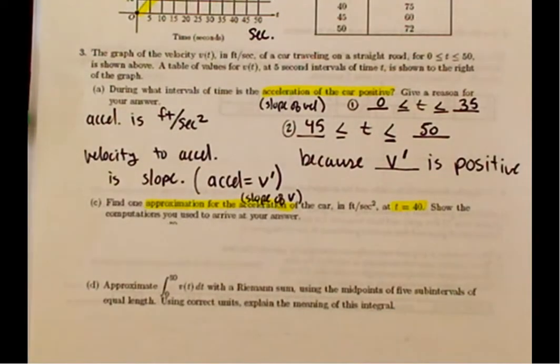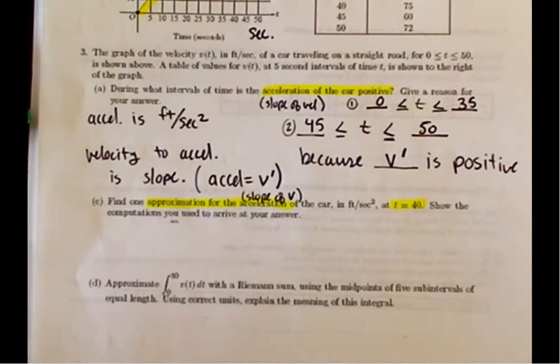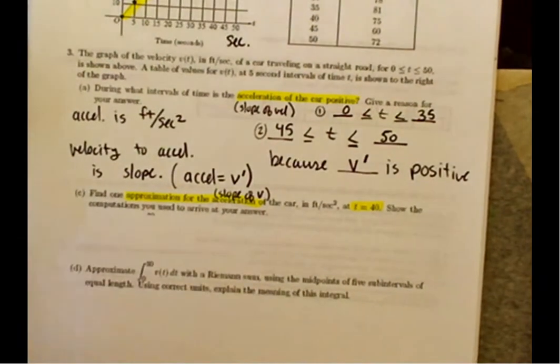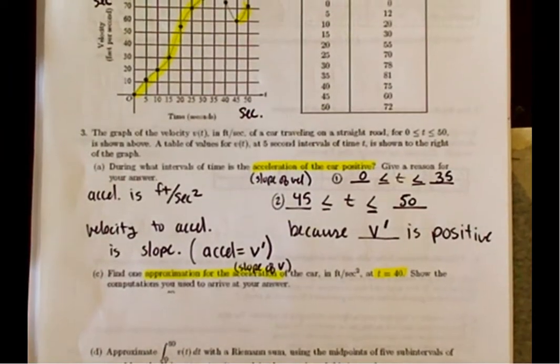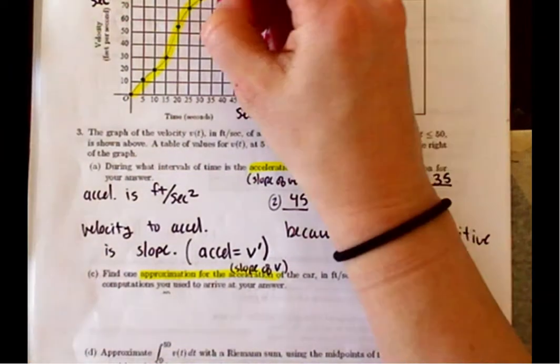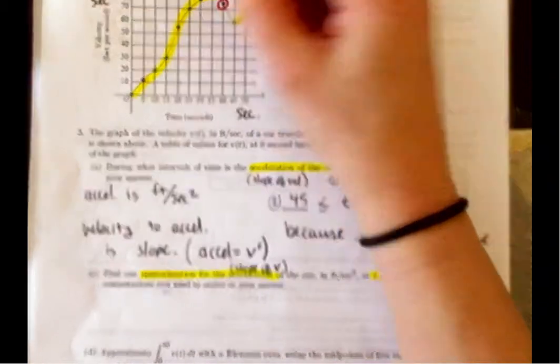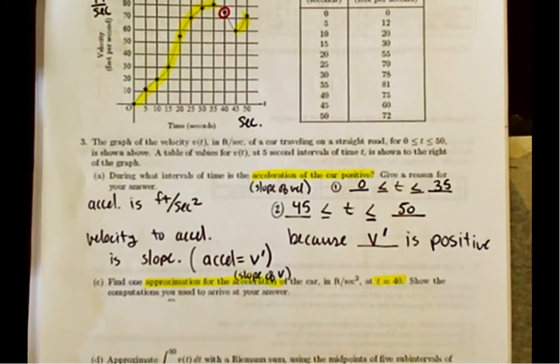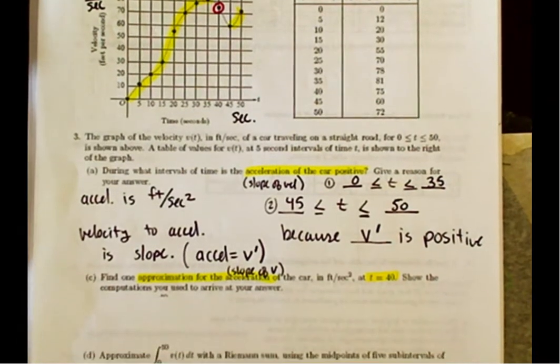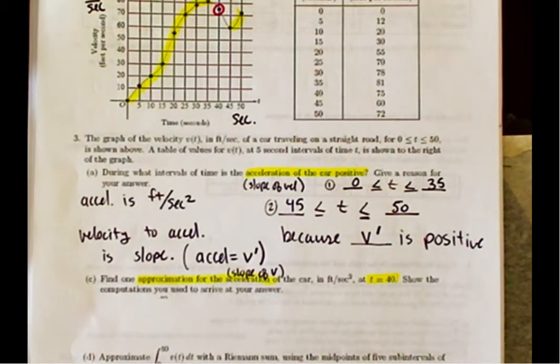Can you estimate slope of velocity at t equals 40? At t equals 40, I'm going to circle it in red. There are 3 possibilities. Come up with one. Slope at the red dot.